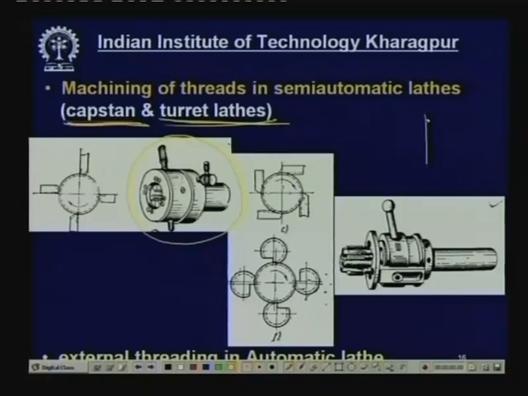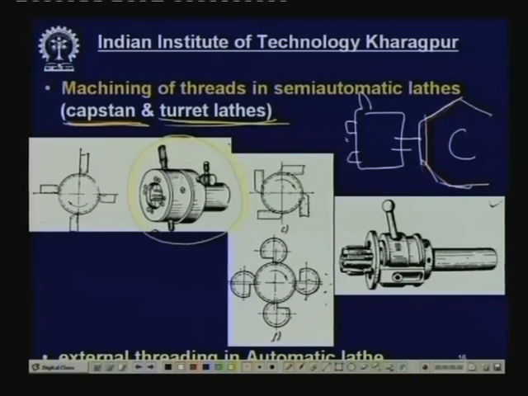So, this is the hexagonal turret, and there will be a self opening die with a handle, and this has cutting teeth. This is a block like a cylinder, and there are chasers, these are called thread chasers.